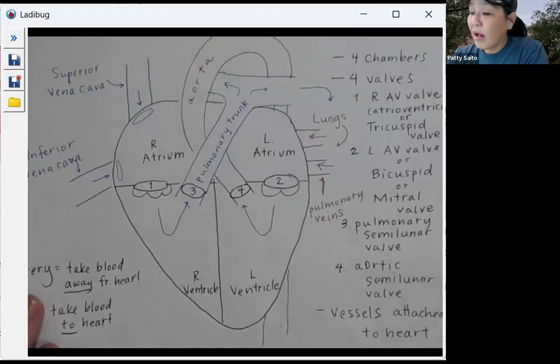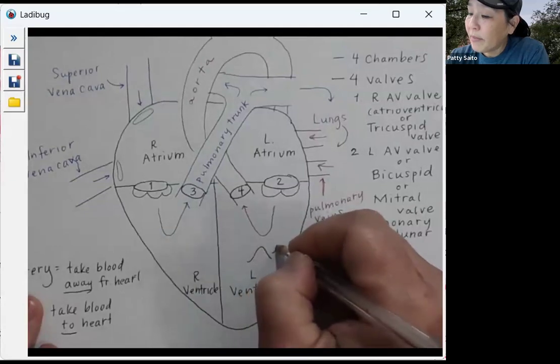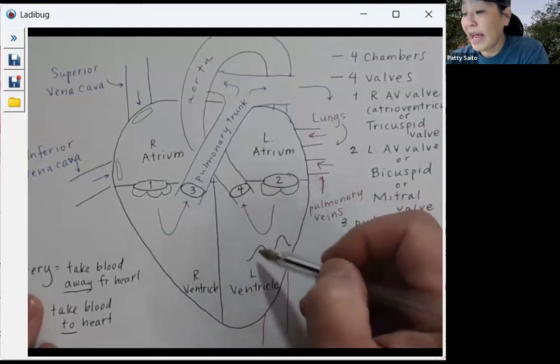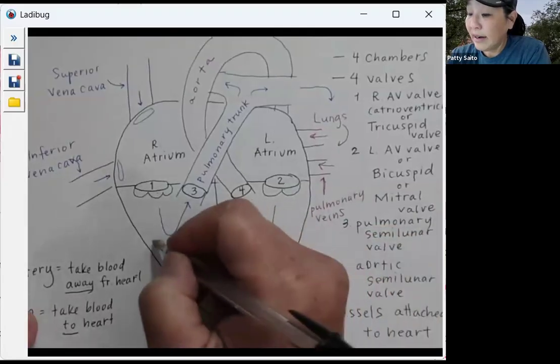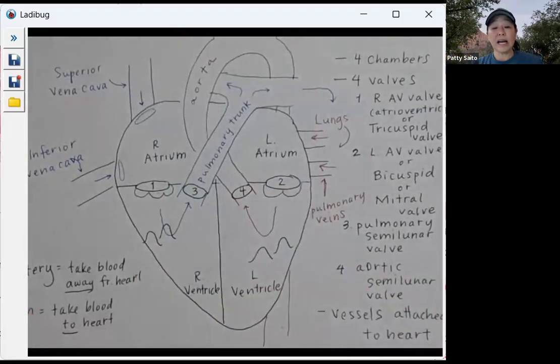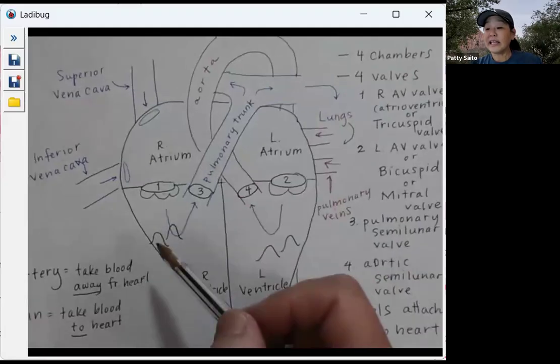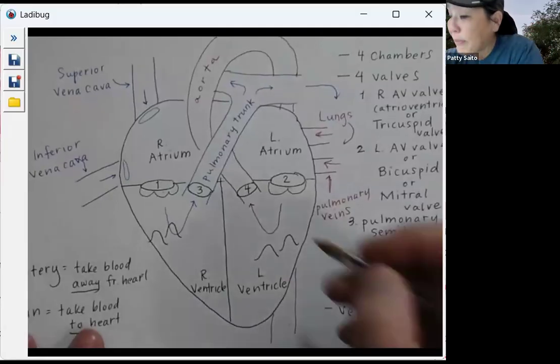So within the wall of the myocardium, we have muscular parts that extend out from the cardiac muscle, like little papillae. A papilla means nipple in Latin or Greek. So little nipple-like structures come out of the cardiac muscle, and these are called papillary muscles.